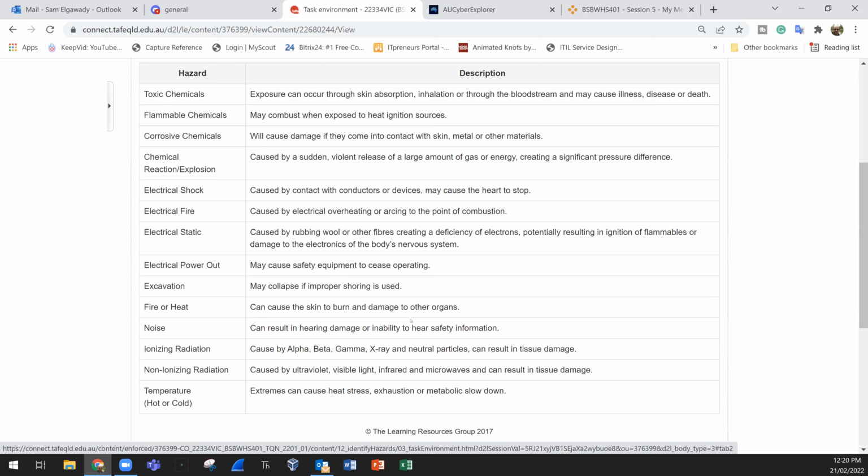So we have some analysis. What could go wrong if I'm carrying heavy boxes in a wrong way, or I slipped or tripped on the floor, or what are the consequences? What type of hazards could happen?